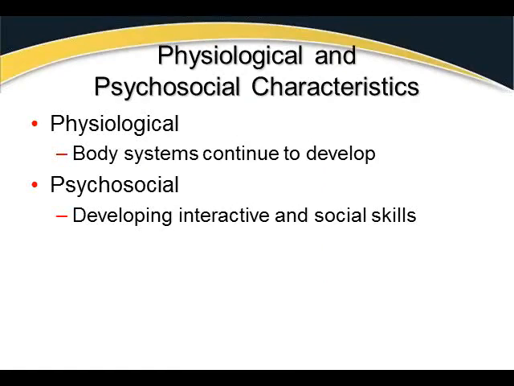aspects of this child, we can look at table 7-5, and actually there's a little table like this for all of the different age groups, so you can see what their typical heart rates, respiratory rates, and systolic blood pressures are going to look like. So we can see that in the preschooler we have a heart rate of 80 to 120, respirations of 20 to 30, and their systolic, or upper blood pressure, is somewhere in the 80 to 110 range.